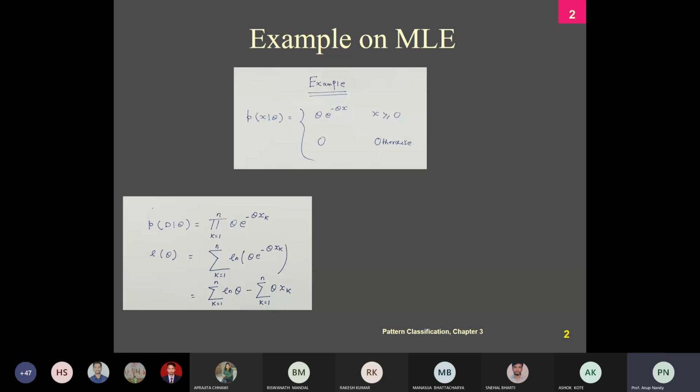This is a very simple example. Vishwanath. Yes, sir. It will be one, sir. One. So it's coming out to be n.